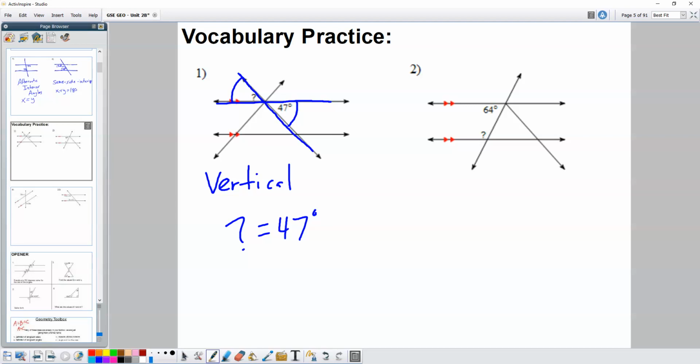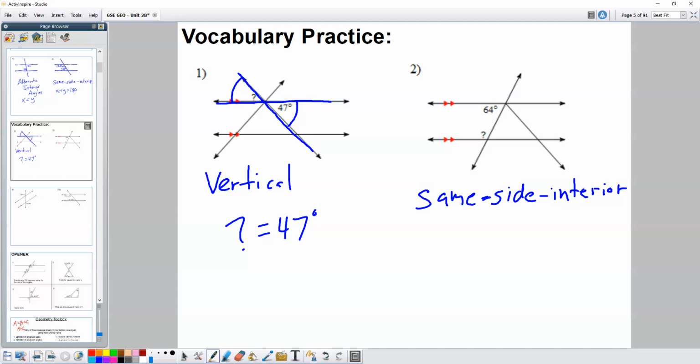Number 2. These are same side interior. I'm not even looking at this line. That doesn't even need to be there. So I'm not even paying that any attention. So these are same side interior. And what do we know about same side interior?